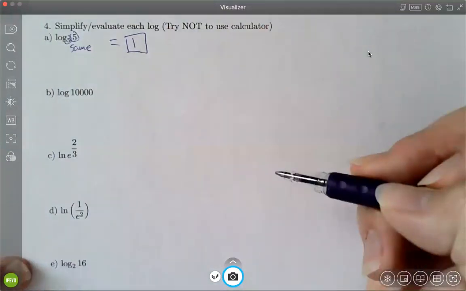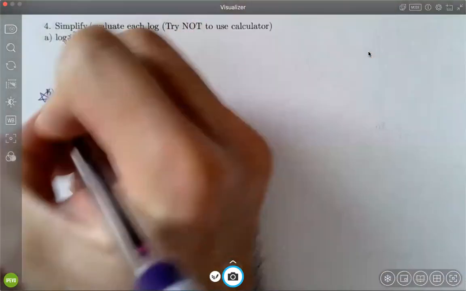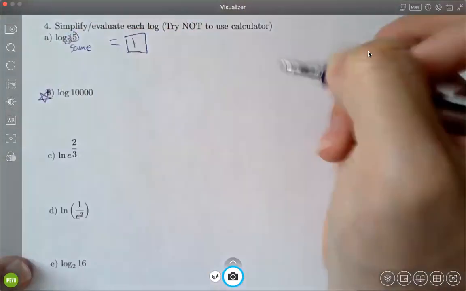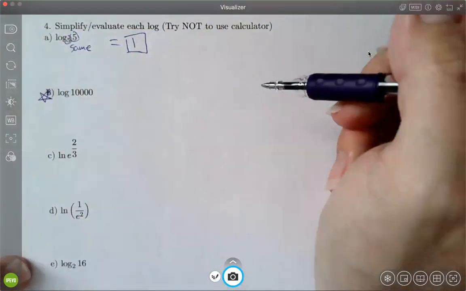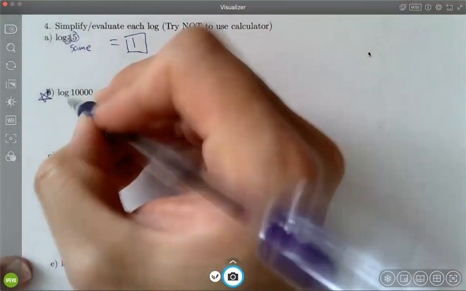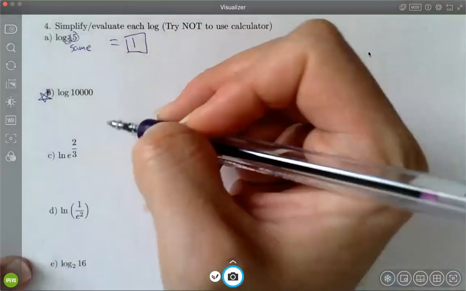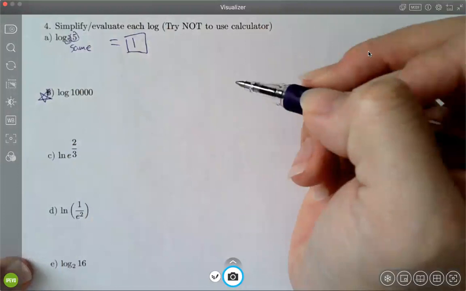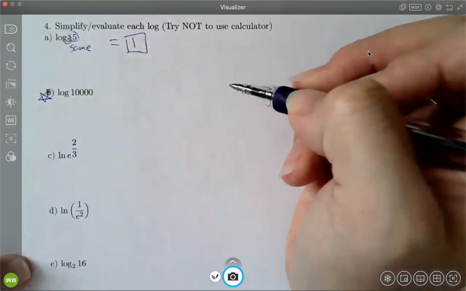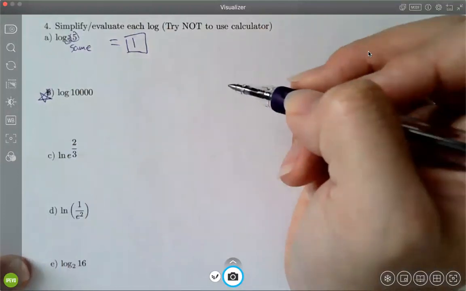Now this kind of problem can be tricky. Notice that I didn't write the calc here. So log 10,000. Here we see just log, and there's no subscript. Does that mean there's no subscript ever? No, there is one. And what does that mean?